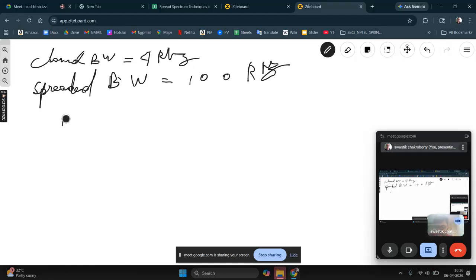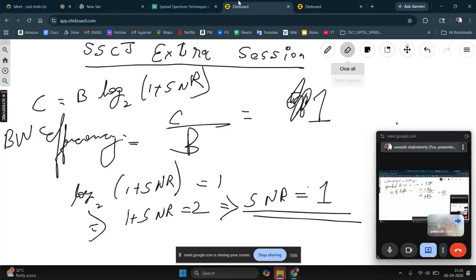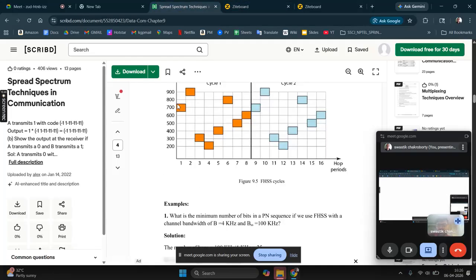So the number of hops we can accommodate is 100 kilohertz by 4 kilohertz, so 25. So there will be 25 hops. So there will be 25 possible frequencies.